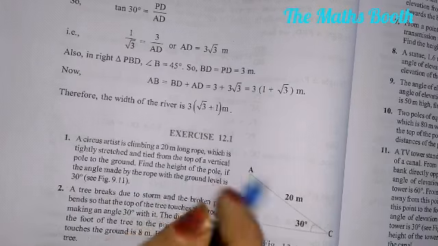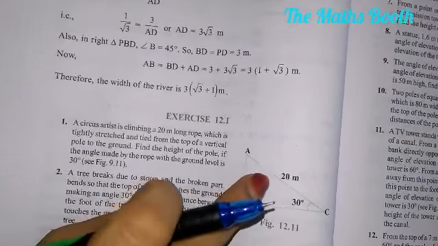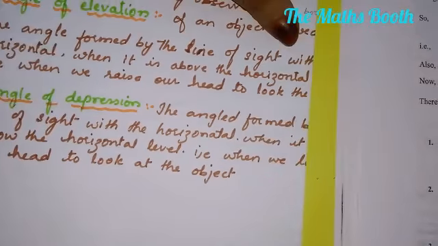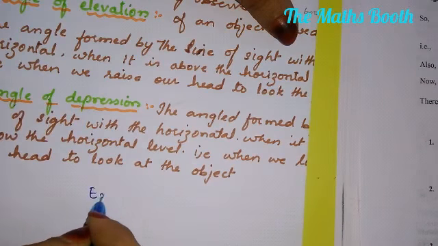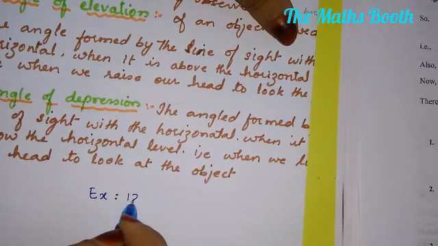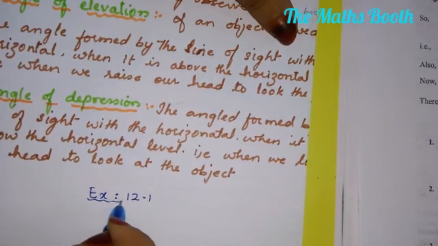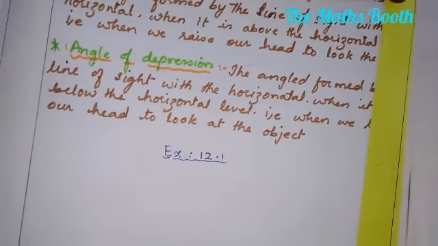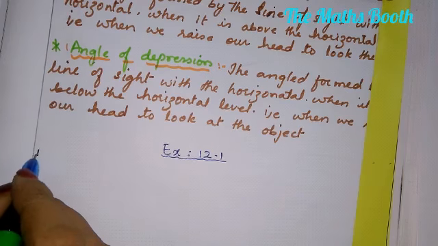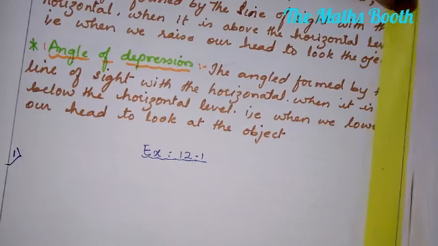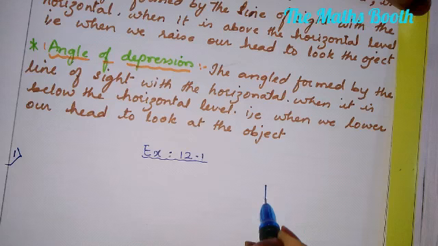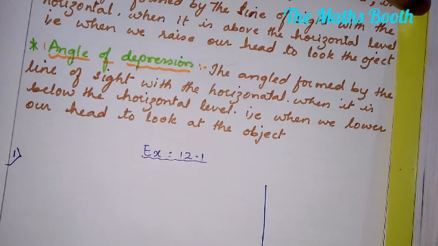Let me see in the figure they have given. So I'll draw this figure. For example, this is the pole and this is the ground level.